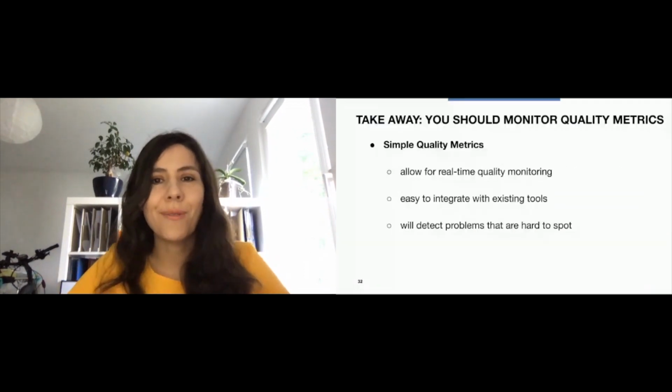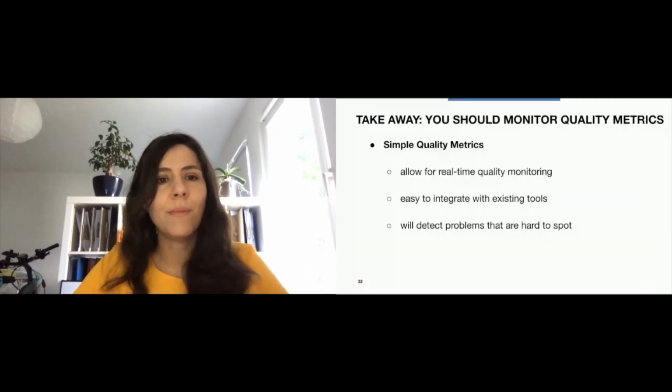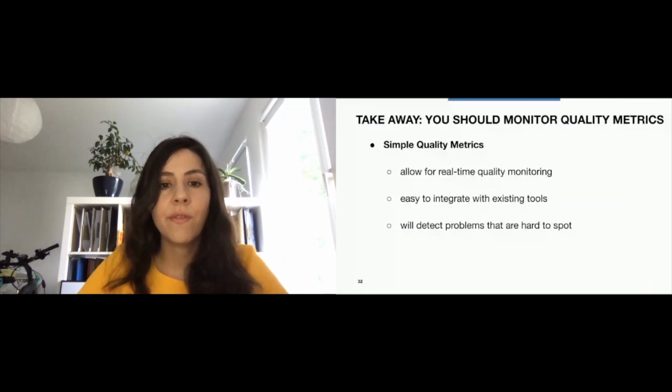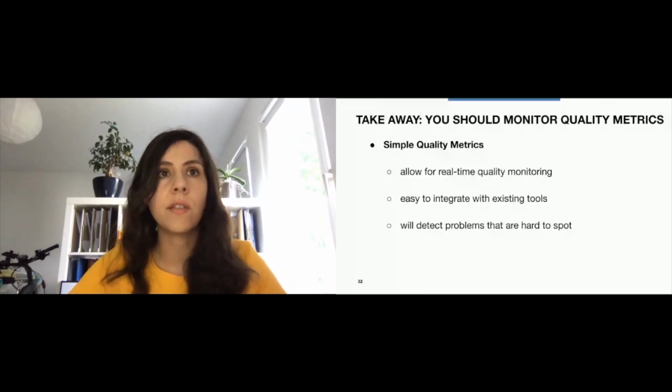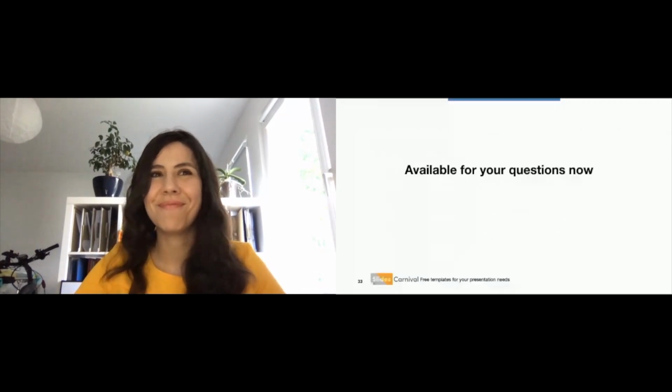So the takeaway is you should monitor quality metrics. They can be very simple and they allow for real-time monitoring. They're very easy to integrate with existing tools and your existing metrics, and they will help you detect problems that are really hard to spot and sometimes even permanent. Okay, that's it. You can ask me questions now.